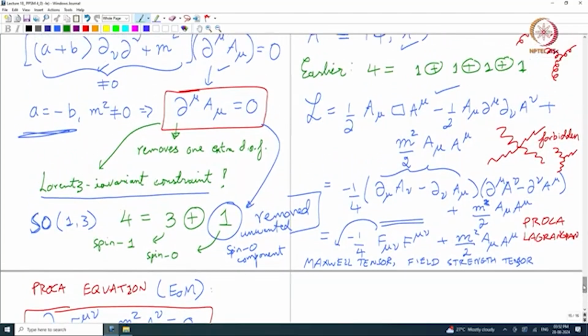There is a reason why I contracted the combination of derivatives and fields into the F mu nu notation, okay?